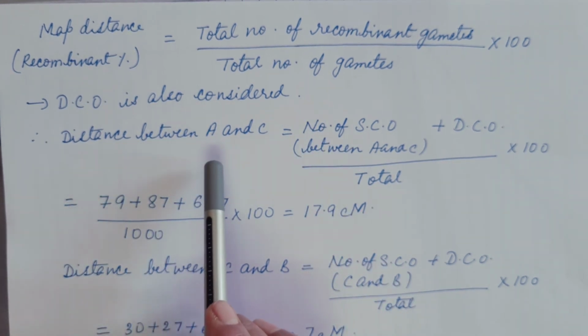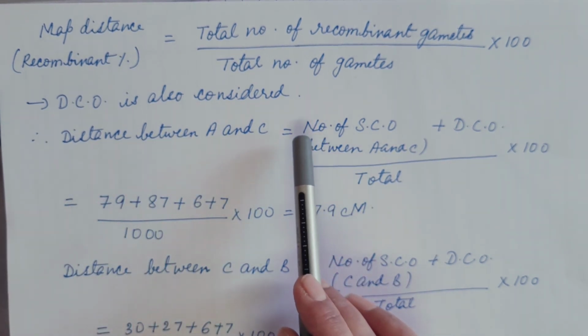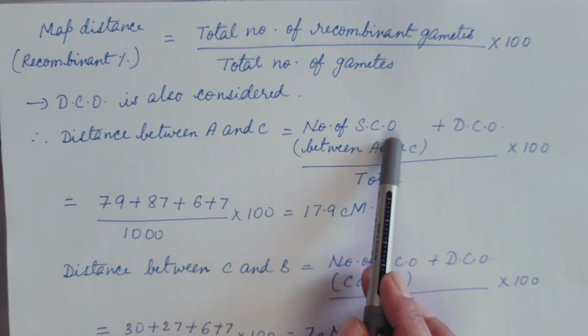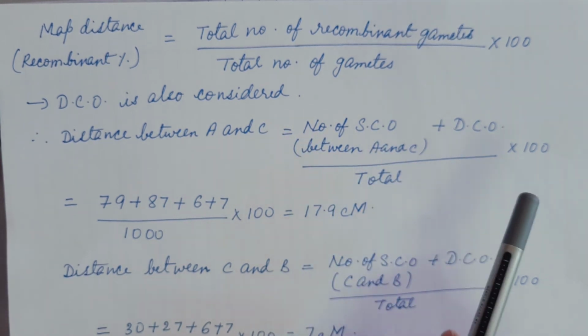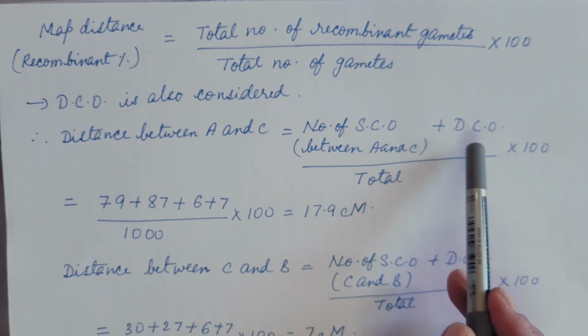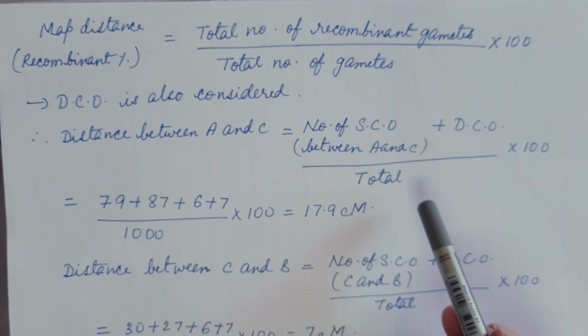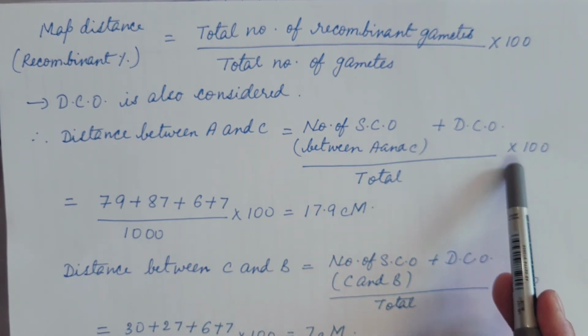So the distance between A and C is equal to the number of single crossover gametes between A and C plus the number of double crossovers, by total number of gametes into 100.